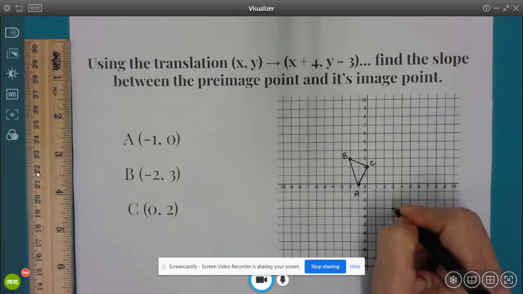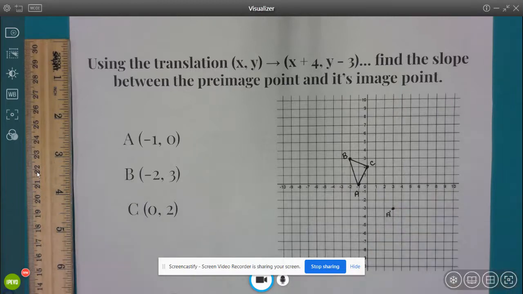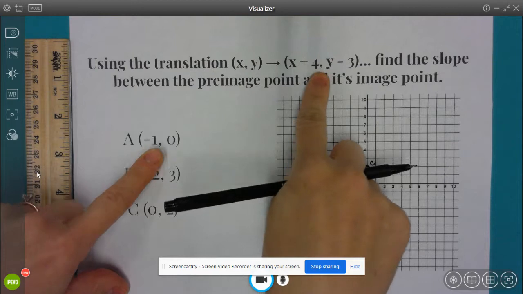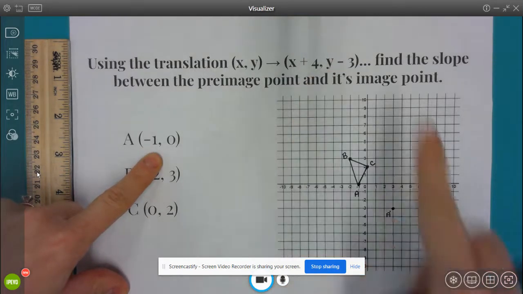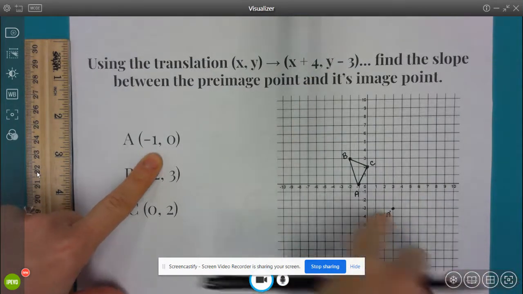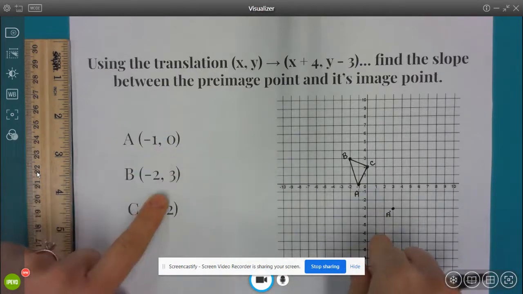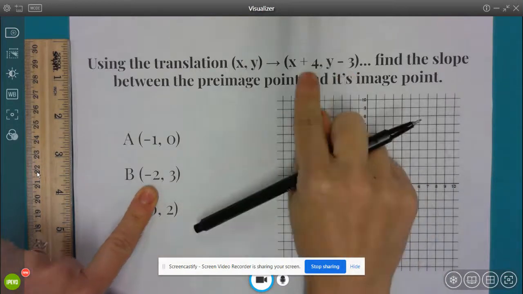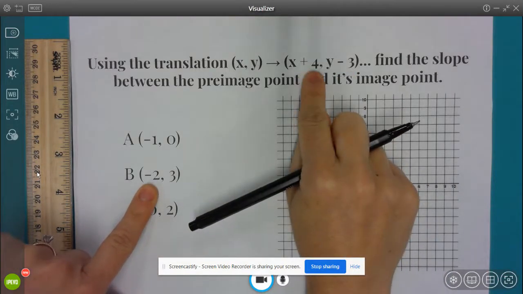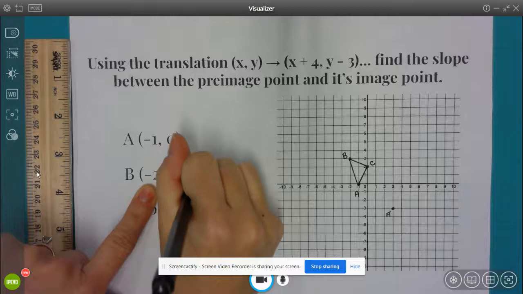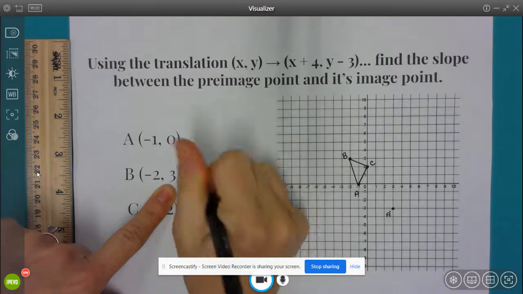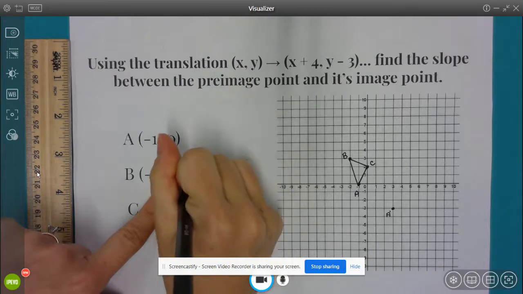You could also perform this translation on these coordinates, and you should get your resulting coordinates. You can graph those and go from there. You don't have to do it by hand. If I was going to use the rule, -2 plus 4 gives me +2, -3 plus 3 gives me 0.